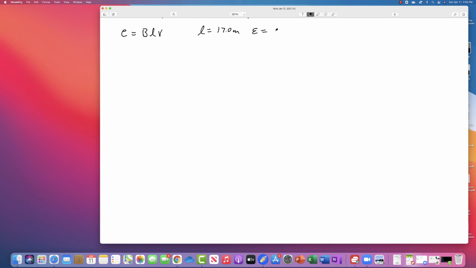E is 1.60 volts, and B is the Earth's magnetic field, which is 1.8 times 10 to the minus 5 Tesla.